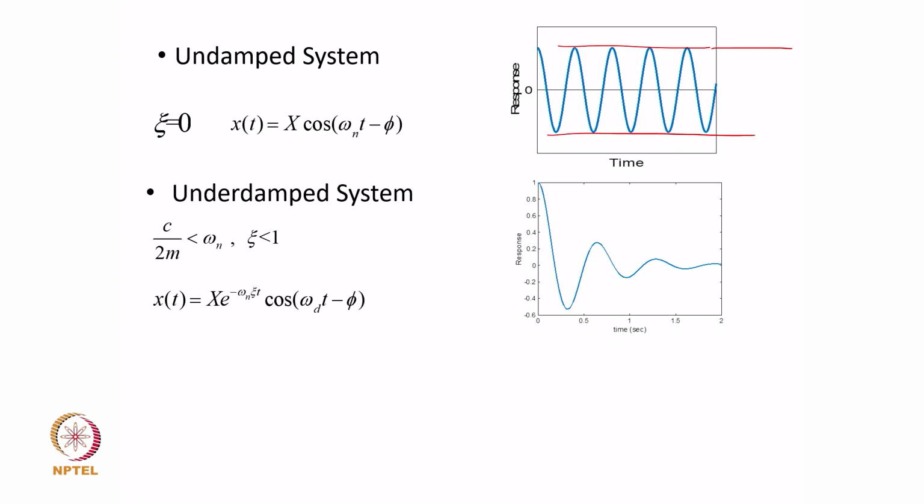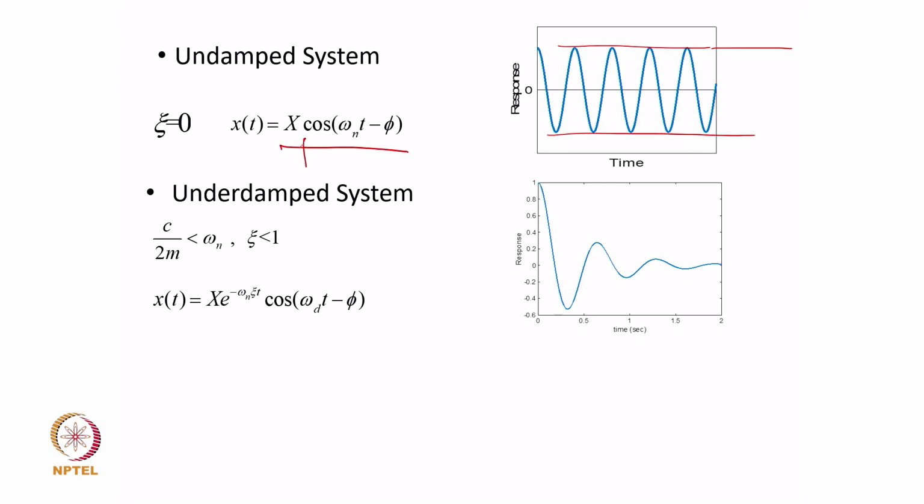It of course is an ideal case, because we know that in a practical vibratory system there would be some damping all the time, and therefore this eventually will lose energy and the amplitudes will fall. But theoretically an undamped system is expected to have a constant amplitude, as you can see here.